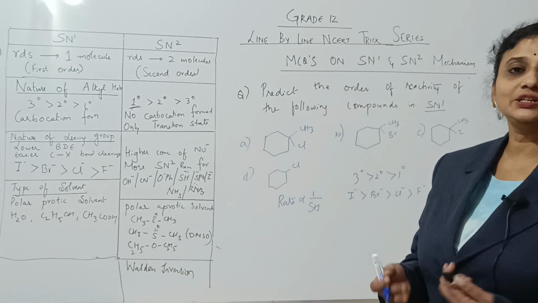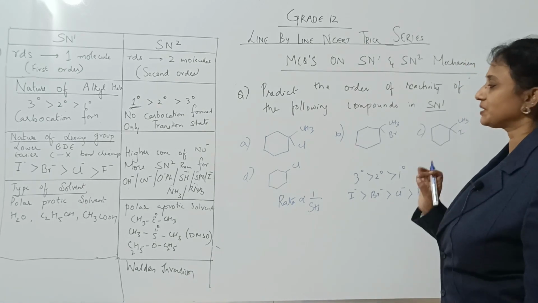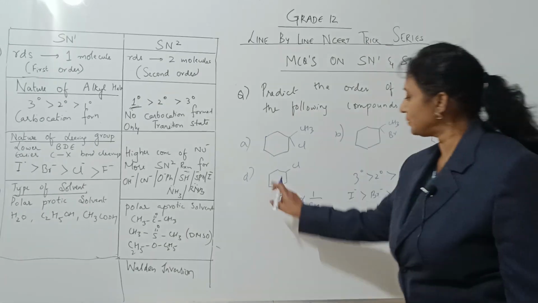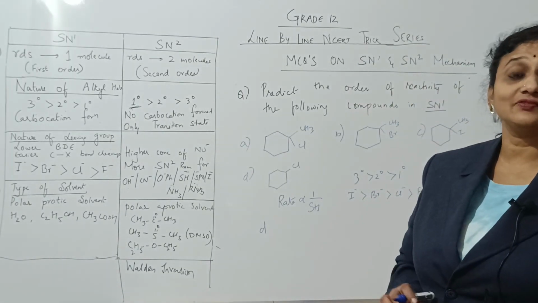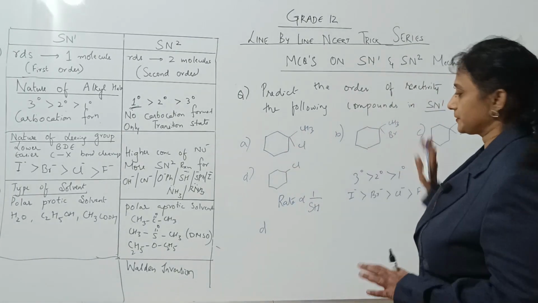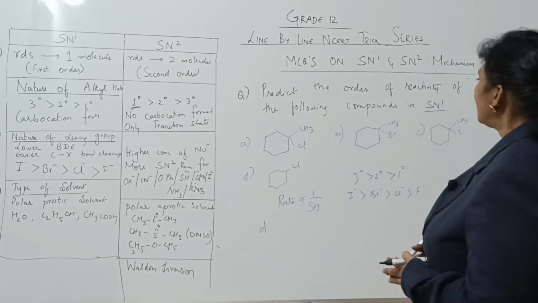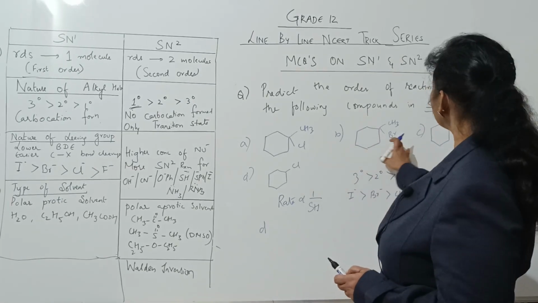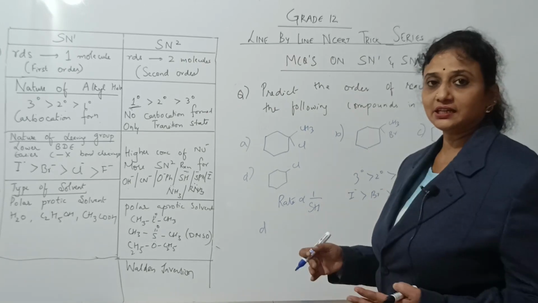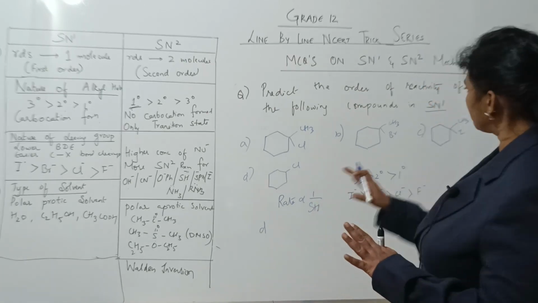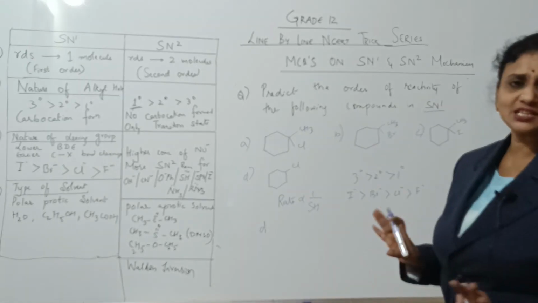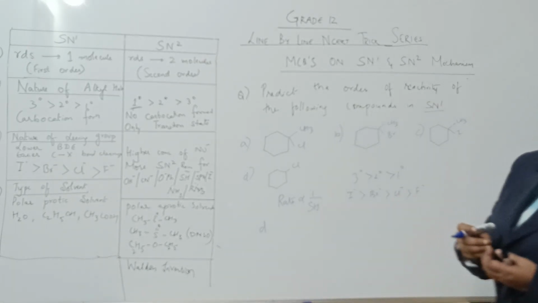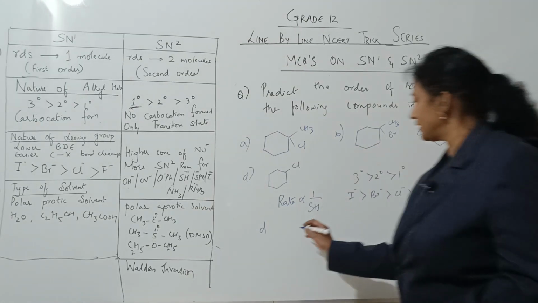Now you tell me which one I shall pick up first. I'll pick up D because the steric hindrance is very, very less compared to everything. Correct? Then I'm going to pick up A because bromine and iodine, they just asked me to predict the order. So in that particular thing, I'm going to pick up A.